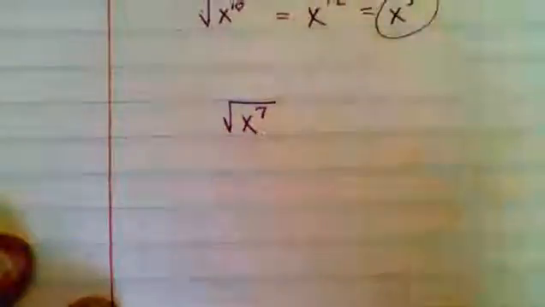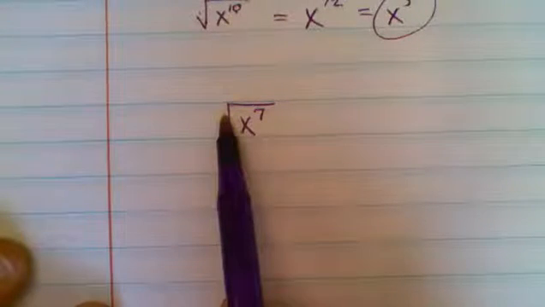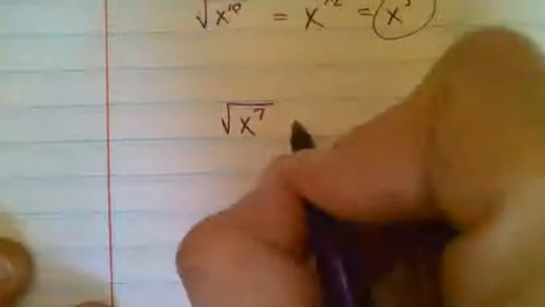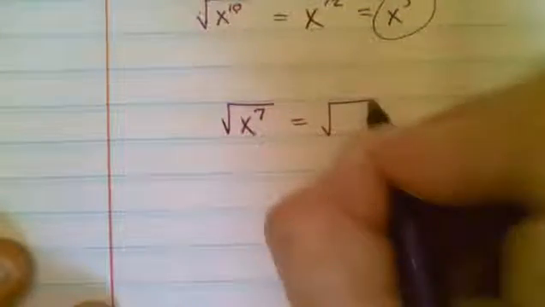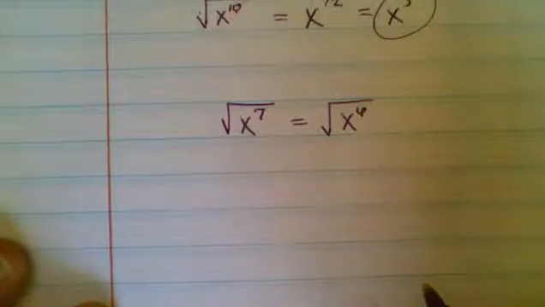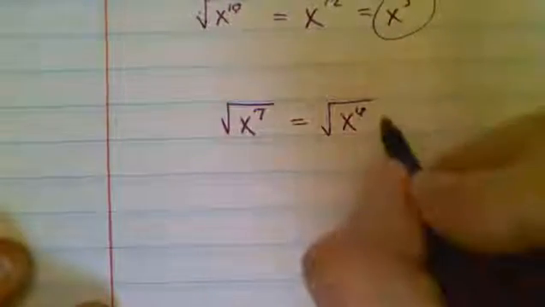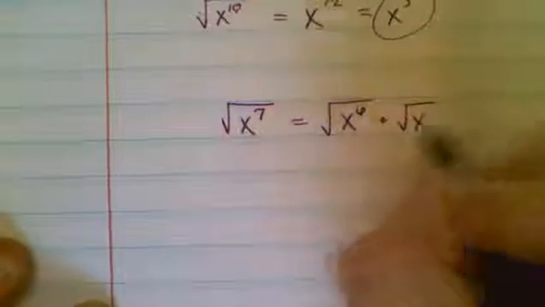So when it doesn't come out evenly, something like x to the 7th, now when you take 7 divided by your root 2, it doesn't come out to an integer. So what you can do is say, all right, I'm going to get it to something that is an integer. I'm going to break it up like we did with the numbers. I'm going to say it's the square root of x to the 6th, because 6 is divisible by 2. What's left is the square root of x to the 1st.